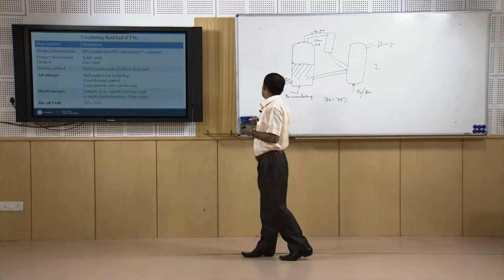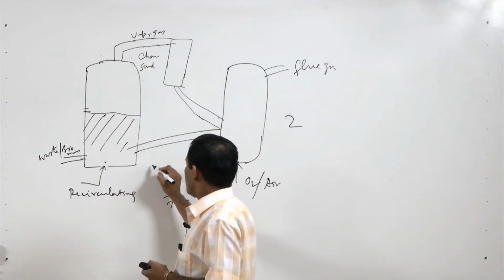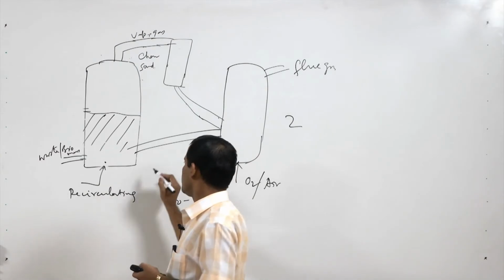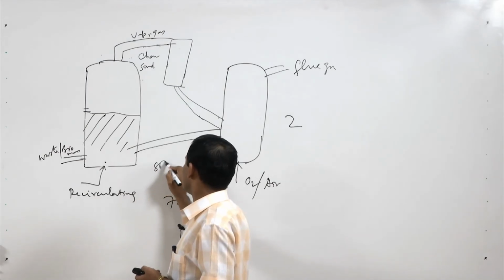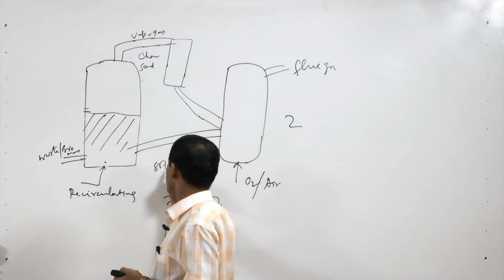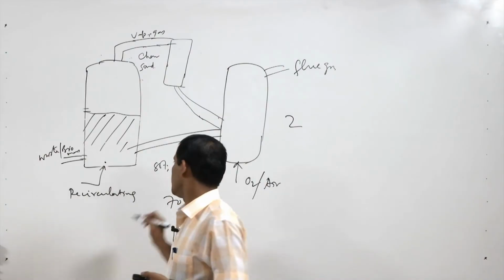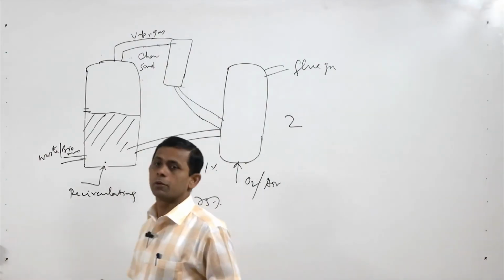Here the contribution of the conduction mode of heat transfer reduces from 90 to 80% with respect to the fluidized bed. Due to the circulating effect, conduction is 80%, but convection increases from 10 to 19%, and radiation remains the same at around 1%.